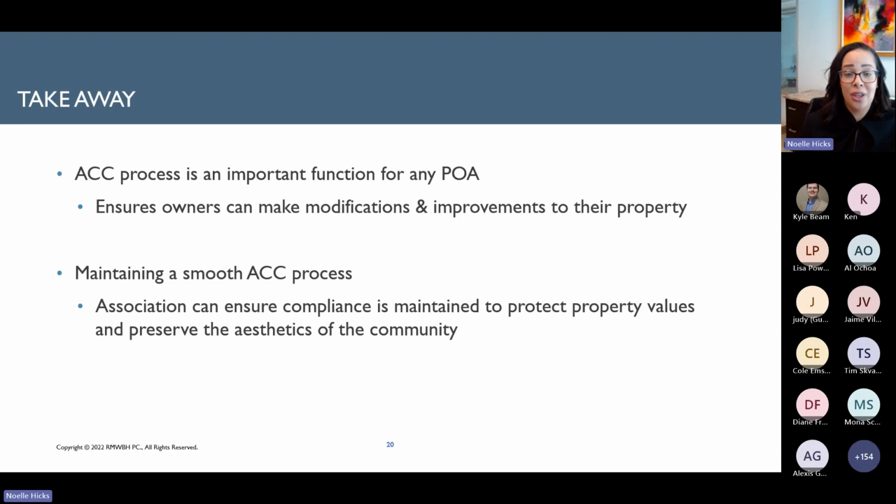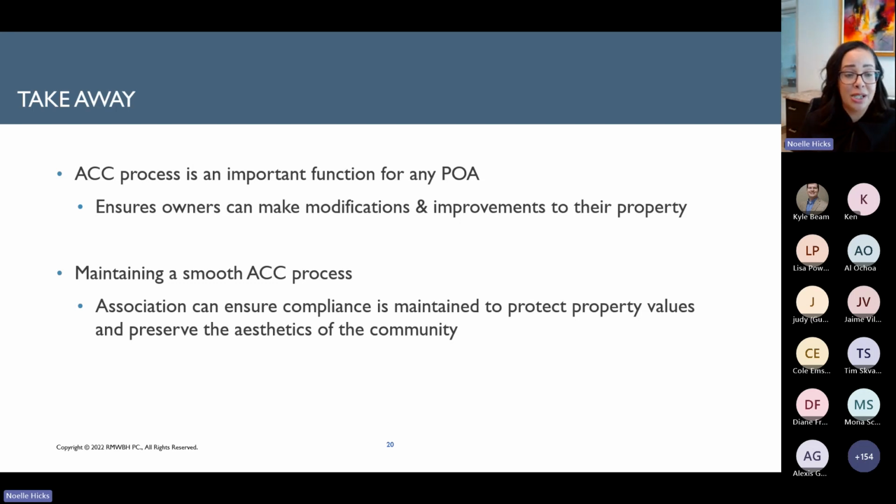The association can do that by creating guidelines, making sure that the application is available, and when the application is submitted, making sure that it is reviewed in a reasonable amount of time, and that if it's approved or denied, you send out notice to the homeowner to let them know why it was denied and give them an opportunity for an appeal if that's necessary.